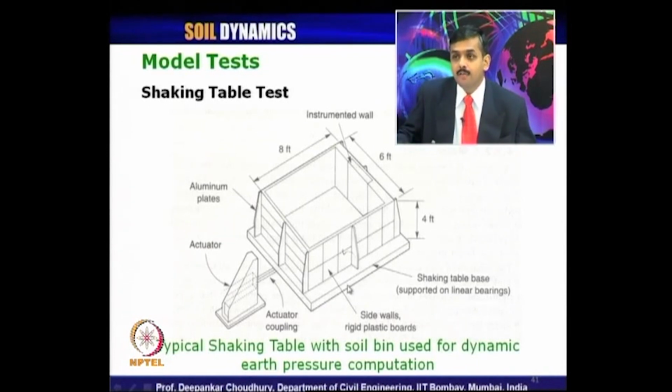Now, if you have an actuator to provide rotational shaking to your table, in that case you can get torsional or rotational degrees of freedom also. So, the best shaking table test will be the three-dimensional one with 6 degrees of freedom. That is, all 3 linear shaking, 2 horizontal and 1 vertical, and all 3 rotational shaking can be provided.